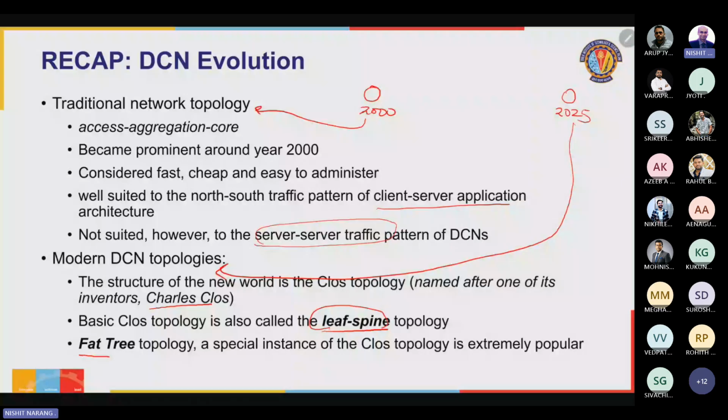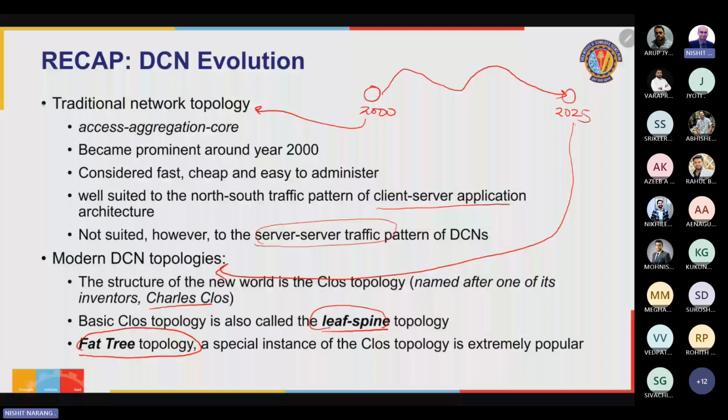Now, in the remainder of today's class, I'm going to trace this journey from the year 2000 to 2025. It's not as if we jumped from access aggregation core to this topology in one shot. That never happened. We all know networks don't suddenly jump from one state to another. They evolve.